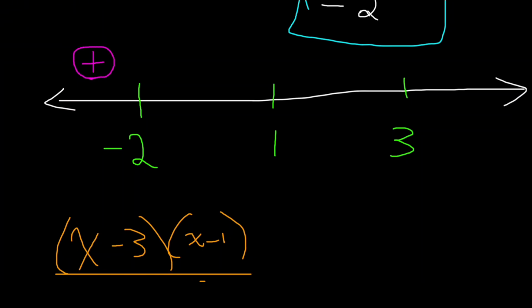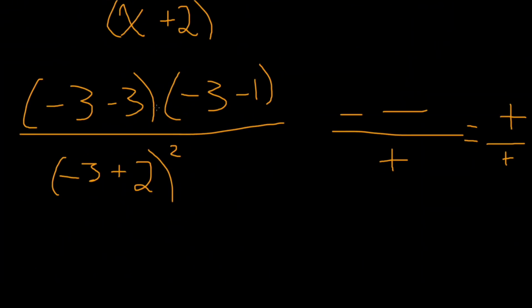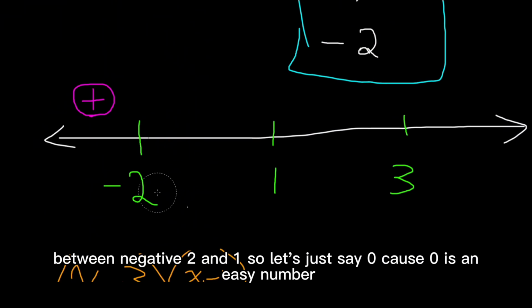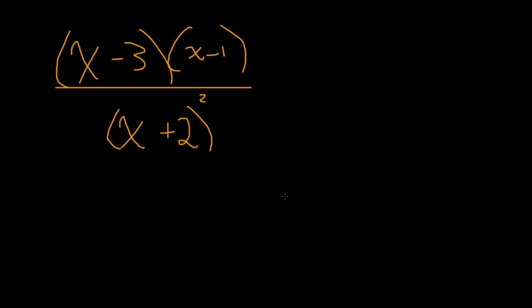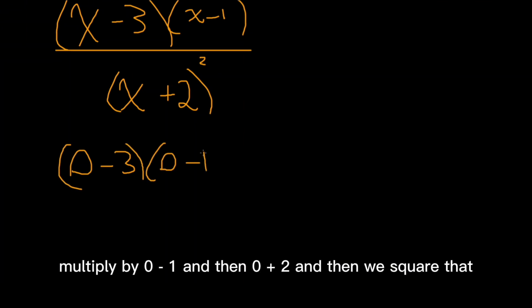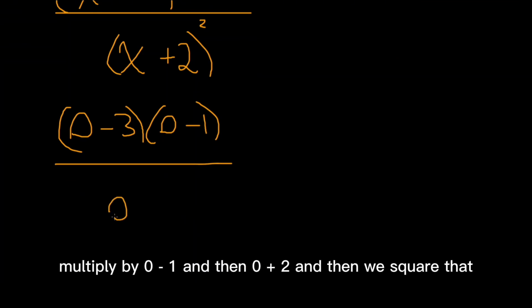Now, let's try another critical point. We'll do between -2 and 1. So let's just say 0, because 0 is an easy number. 0 minus 3 multiplied by 0 minus 1, and then 0 plus 2, and then we square that.